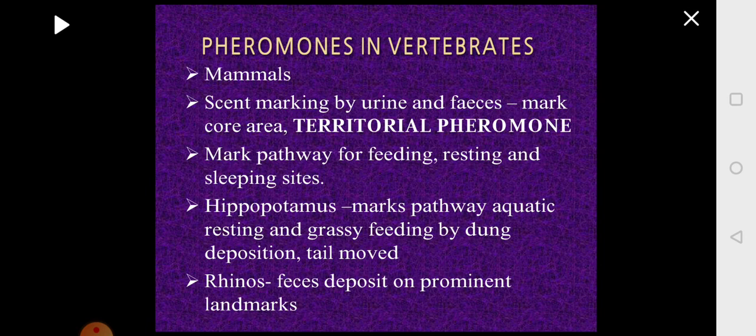So what do they do? When they go out from the place where they rest and sleep, in the mornings they go out in search of food. When they go out, they will mark the path with the help of the pheromones. So a lot of studies were done to understand how this is happening.